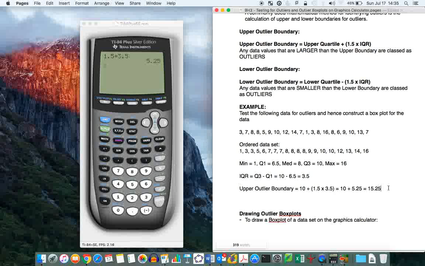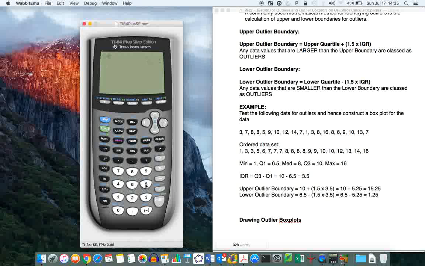Good. The lower outlier boundary is going to be the lower quartile, which was 6.5, minus 1.5 times 3.5, so 6.5 minus 5.25, and that is going to be 1.25. Yeah, 1.25.